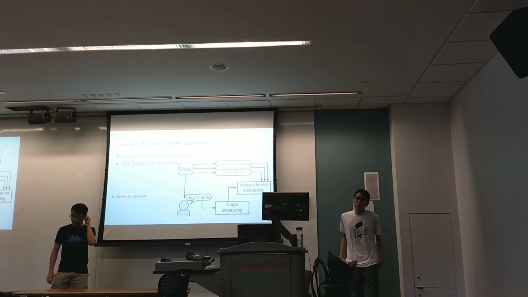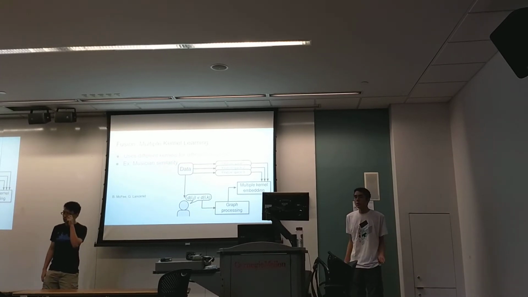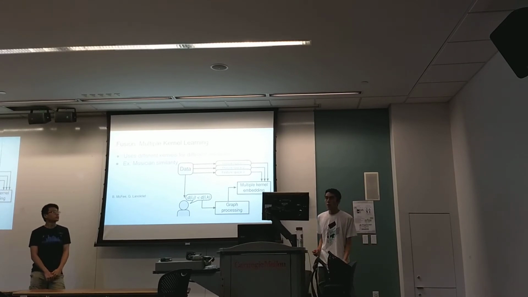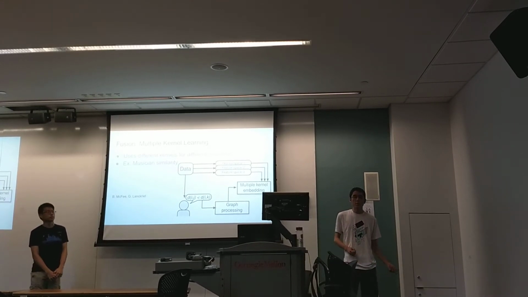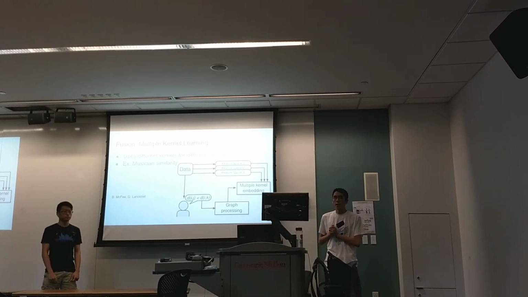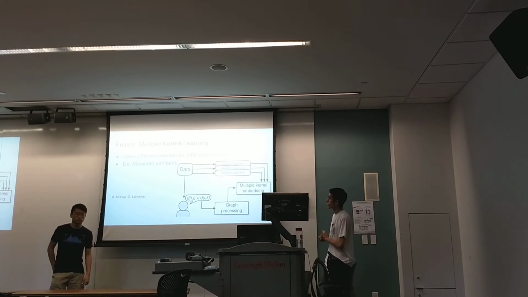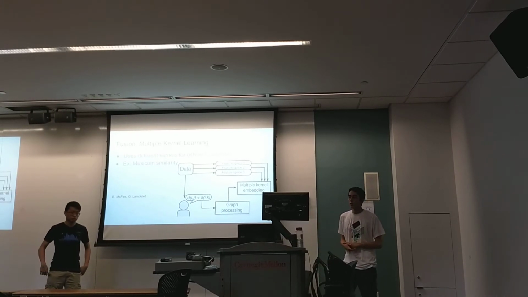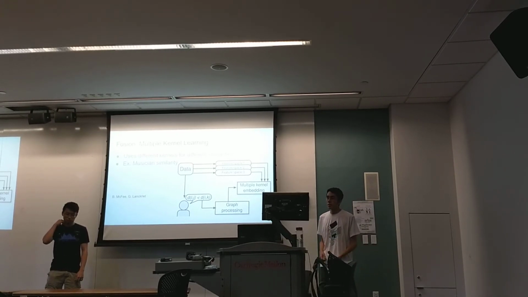So multiple kernel learning uses kernel support vector machines to model each of the different modalities that are used. And the example is the work of McFee and Lanckriet in multimodal similarity.